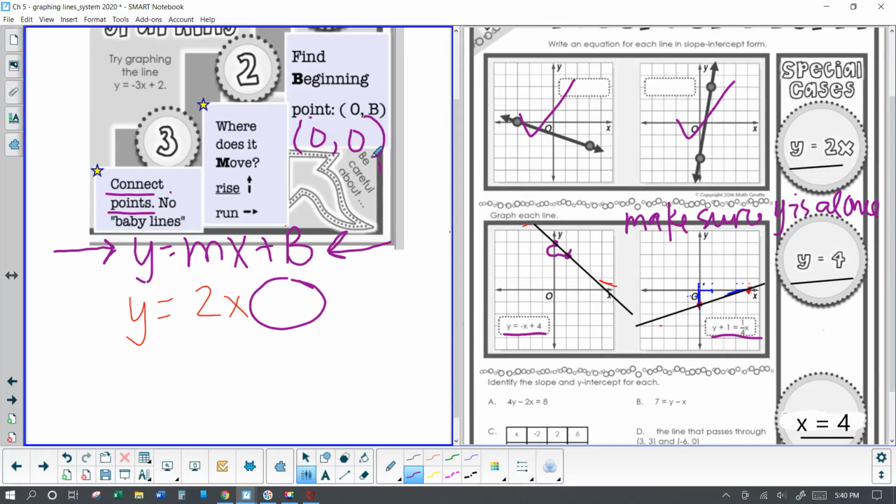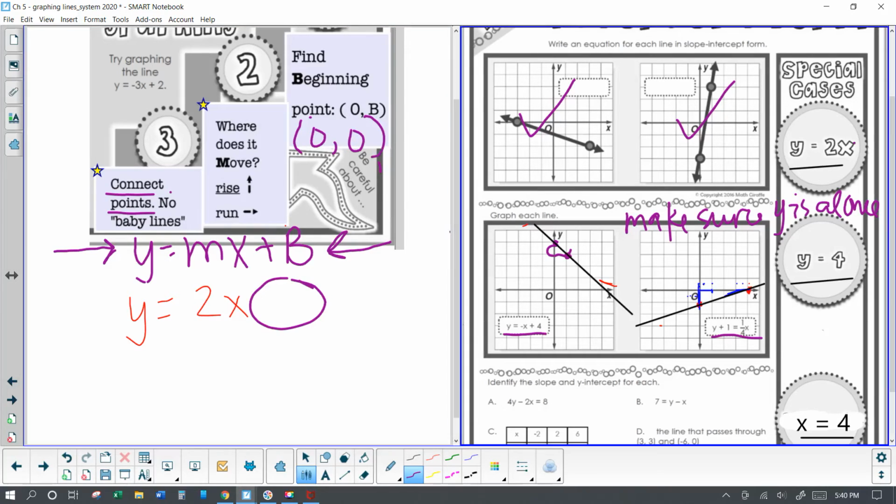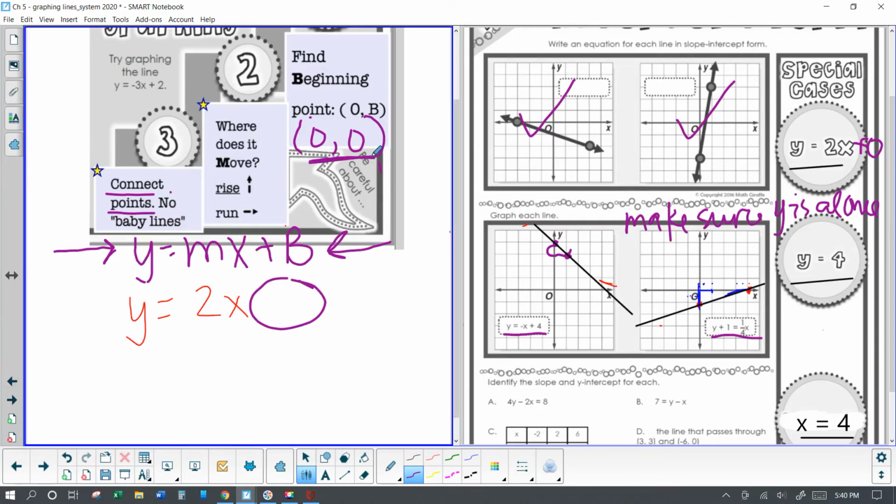If there's no number in the equation for b, then the b value is 0. So you can write yourself a note over here and just put plus 0 so that you remember if there's no b number, then your graph is going to cross right in the center of the graph where x is equal to 0 and y is equal to 0. So I'm going to put a graph up here. We're going to graph y equals 2x.